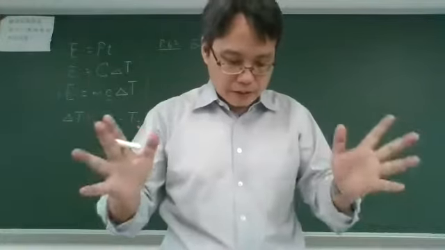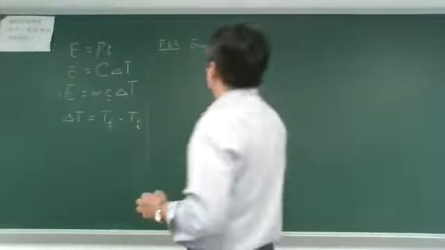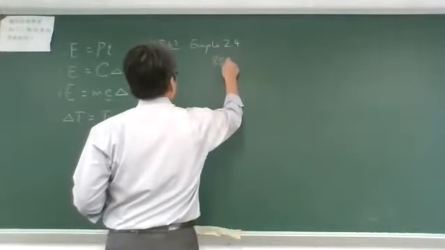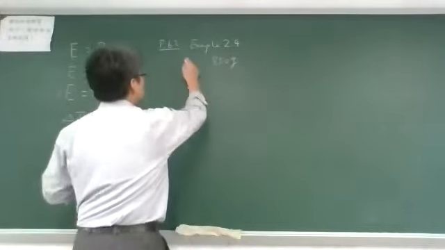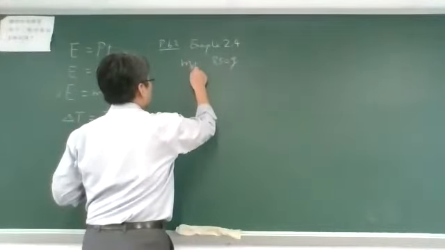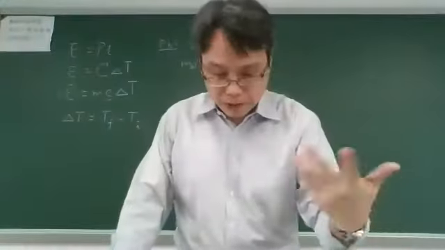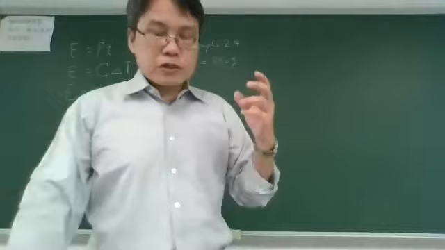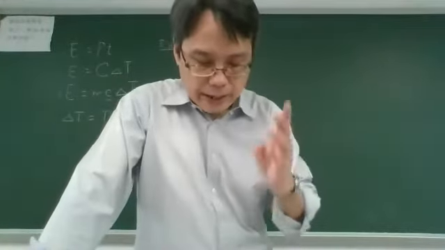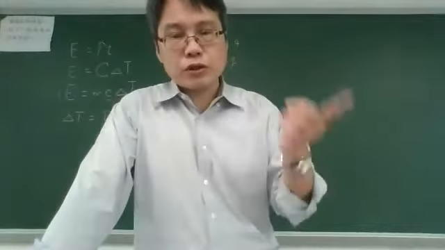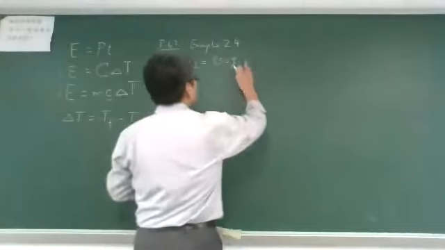Like this: 850 grams, which is the mass of oil in a wok. Because gram is not the SI unit, we need to change the unit from gram to kilogram. So change it first.